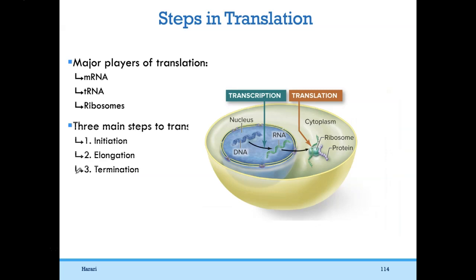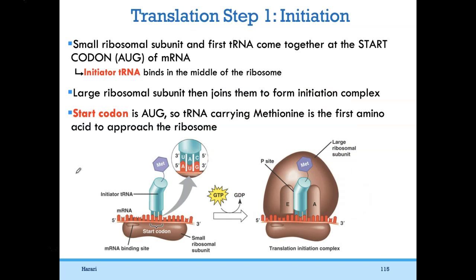So there are the same 3 steps to translation: initiation, elongation, and termination. This all begins at the ribosome, right? Initiation is the first step of translation. The small ribosomal subunit and the first tRNA come together at the start codon of mRNA.